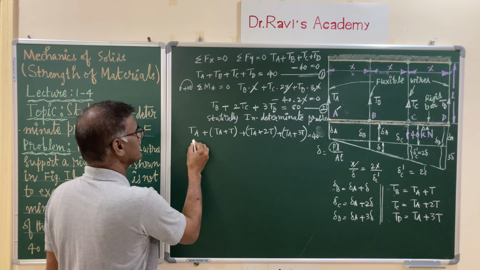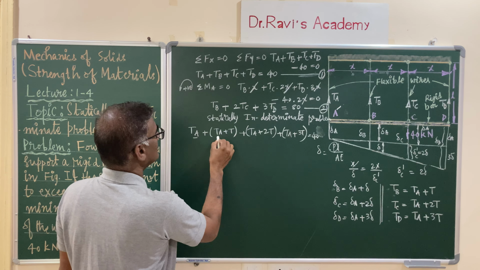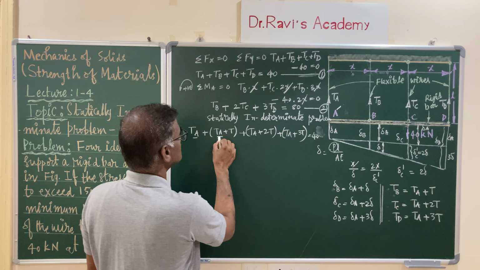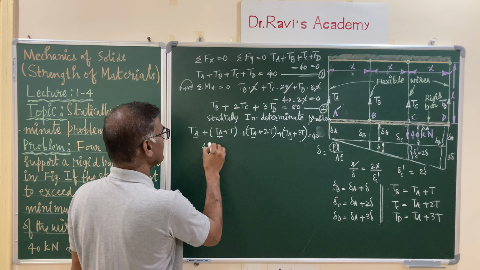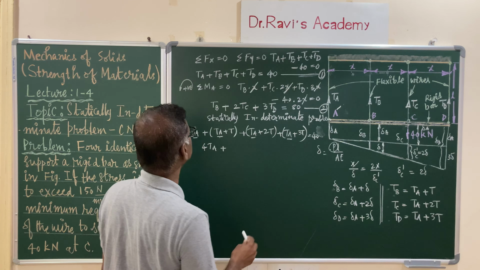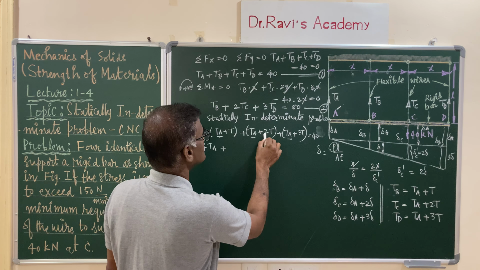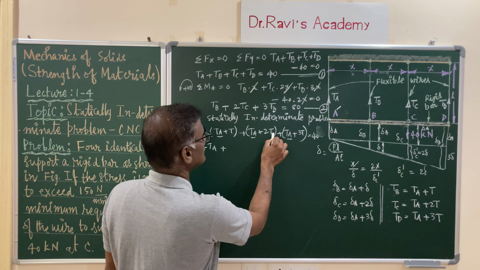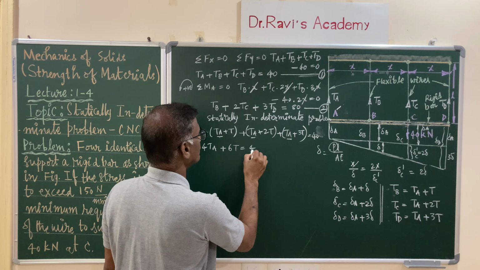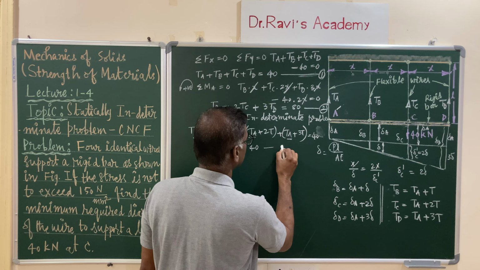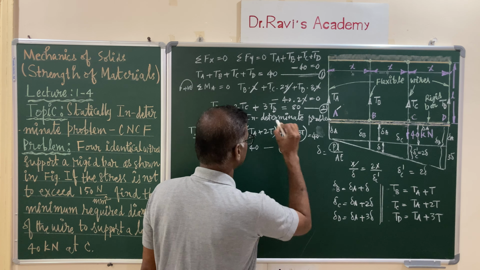Rewriting this, you have 2TA plus 2TA, all put together 4TA, plus T plus 2T, 3T, plus 3T. So 6T is equal to 40. Call this equation 3.